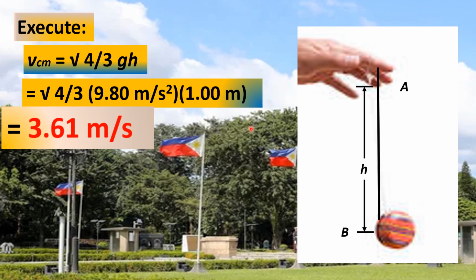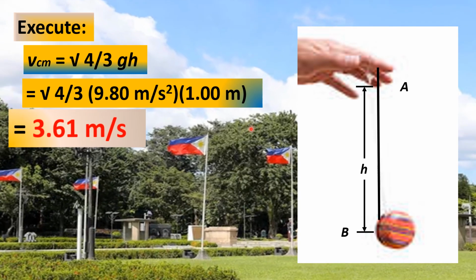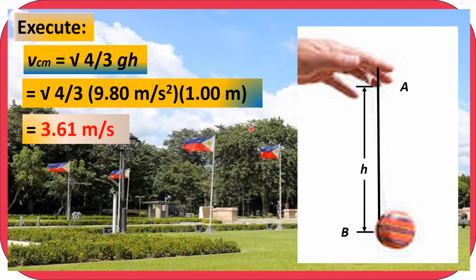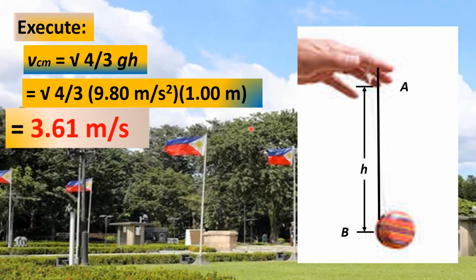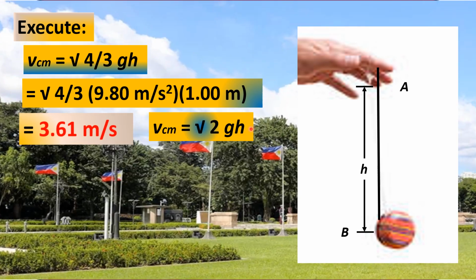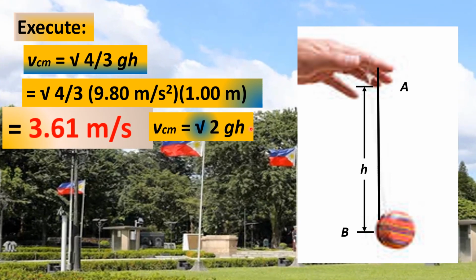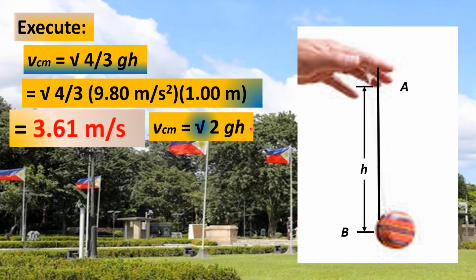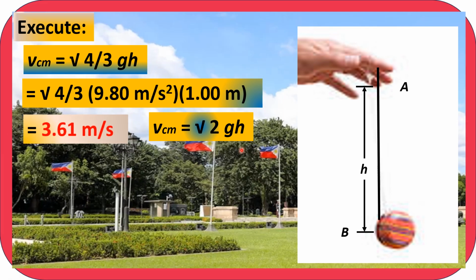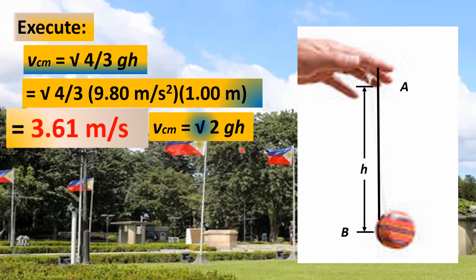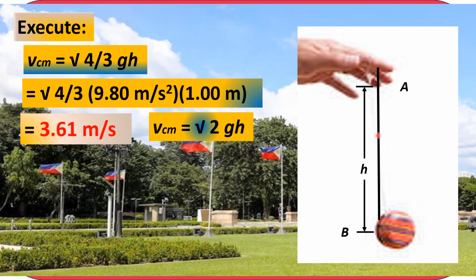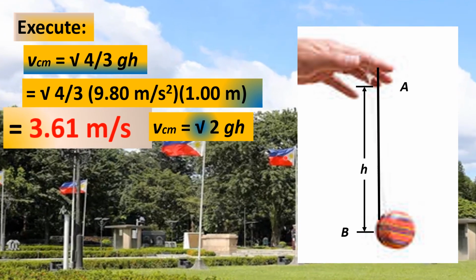Now, if the yo-yo was moving like a freely falling body and was not rotating, the final speed of its center of mass would be equal to square root of 2gh. If you recall, this is the formula for getting the final speed of a freely falling body that starts from rest in falling from a height h.